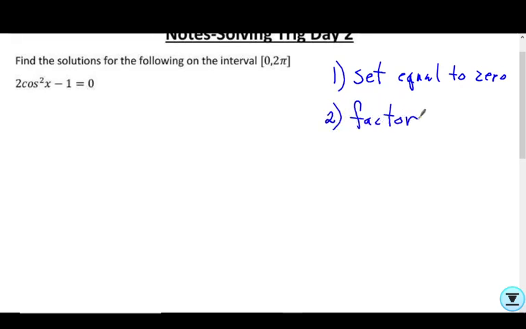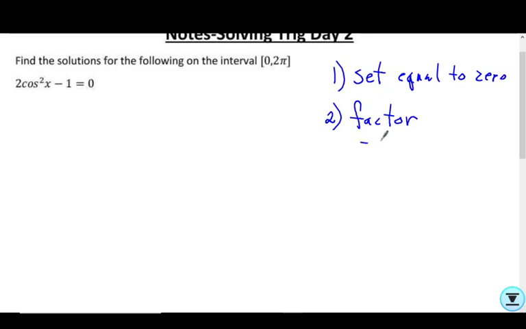So basically the steps in solving a trig equation are the same steps in solving any equation. Step 1, set your equation equal to 0. Step 2 is usually to factor.